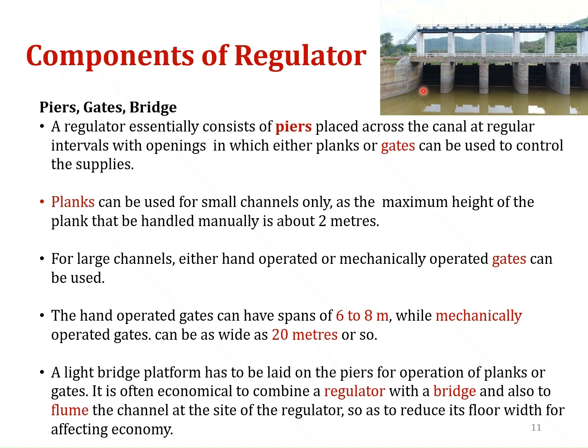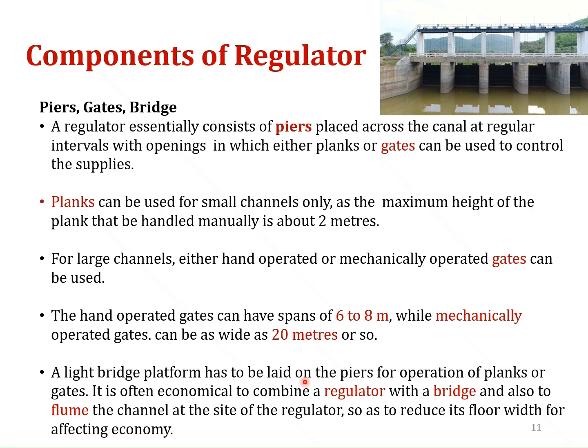This is called fluming. And also to flume the channel at the site of the regulator so as to reduce its floor width for affecting economy, because structures are expensive. So you want to reduce the width of the channel so that the structure is smaller, and then after the structure, I mean downstream the structure, you again widen the cross section of the canal.